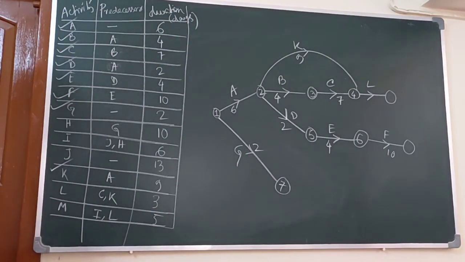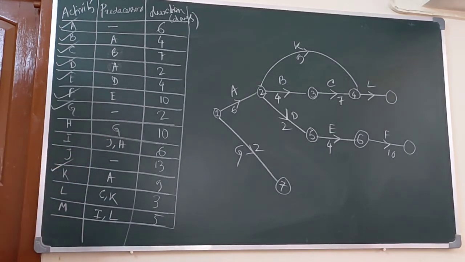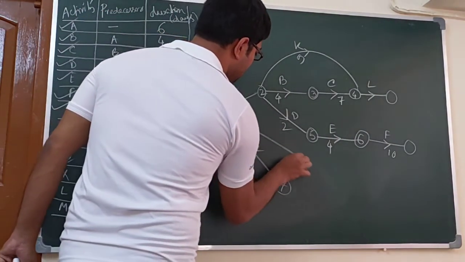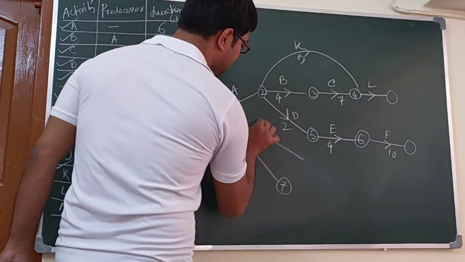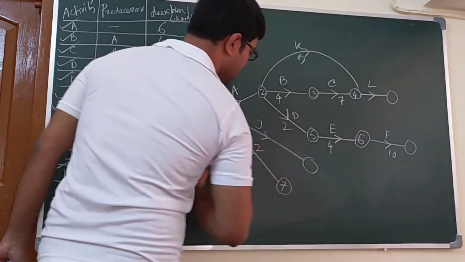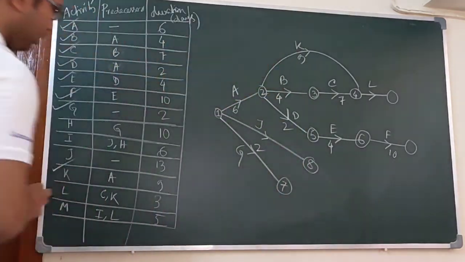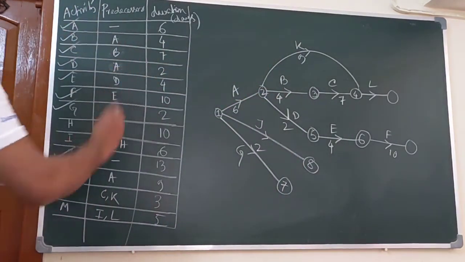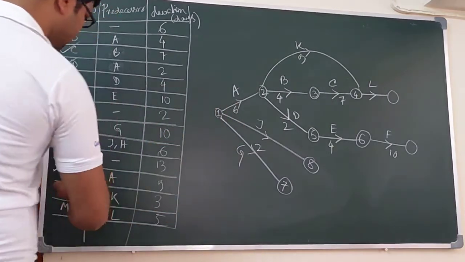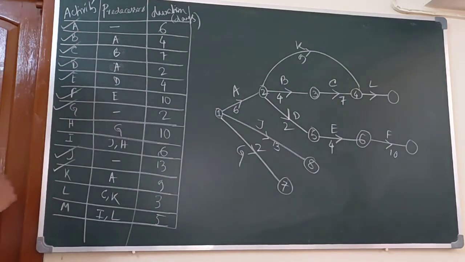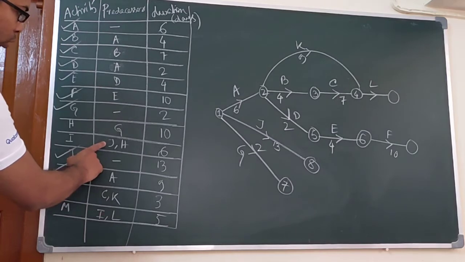H comes from G, and I comes from both J and H, and J is the mother activity. Let this be the J activity, event 8. J is a mother activity with no predecessor, and its duration is 13.